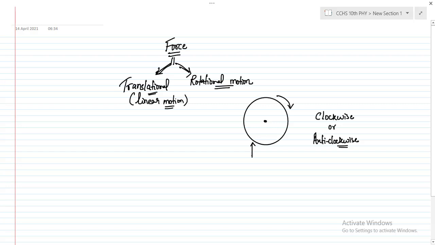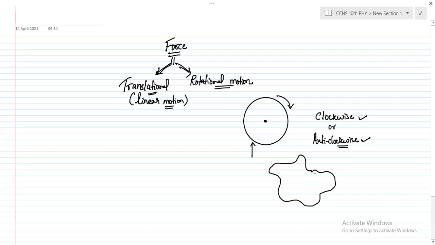So when a body is pivoted at a point, the force acting on the body does not produce linear motion, but it produces a turning effect in the body, and that turning can be clockwise or anti-clockwise. We can have more examples, like this irregular lamina.